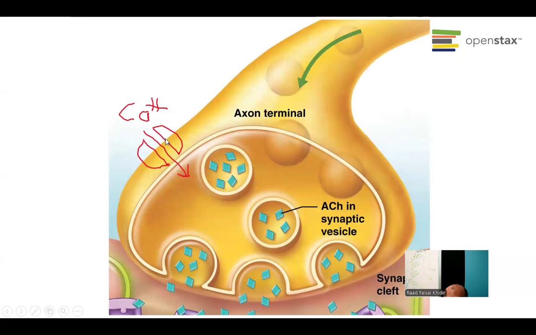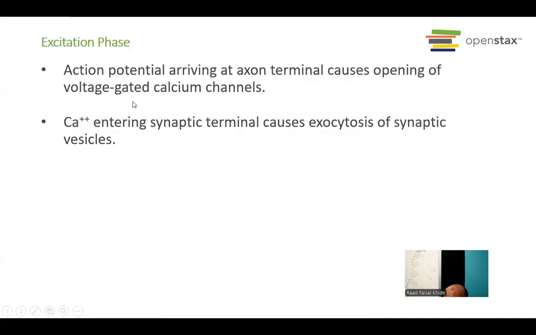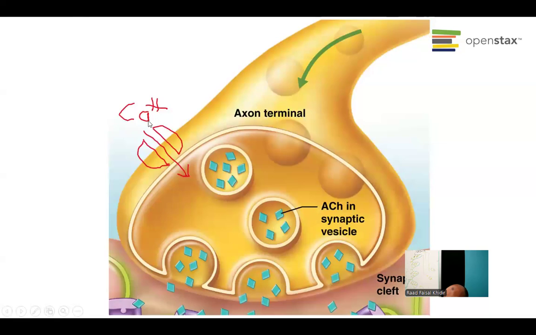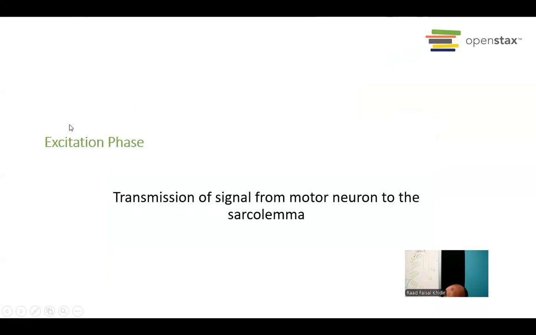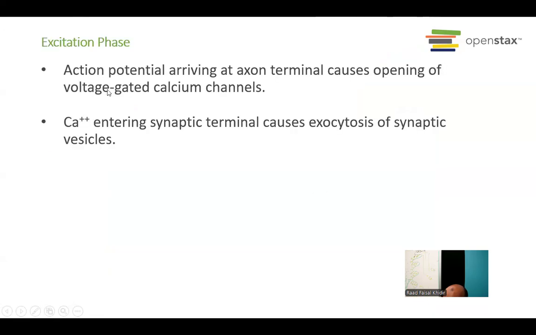There you go. You see calcium entering here. This is very important. So you have a first phase known as the excitation phase, where the signal is transmitted from the motor neuron to the sarcolemma. The action potential arriving at the axon terminal causes the opening of the voltage-gated calcium channels.